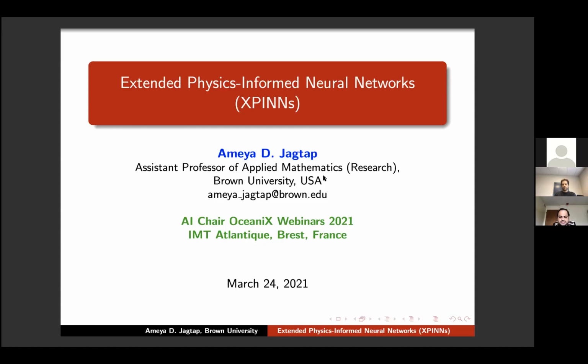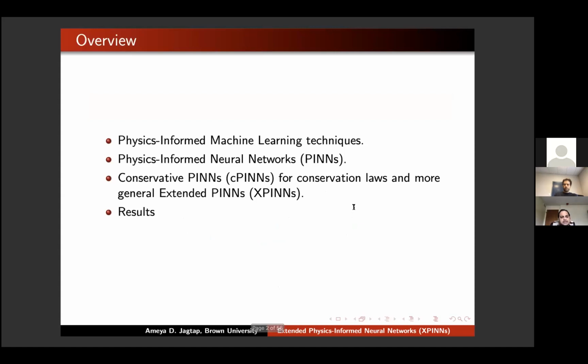So, good afternoon, everyone. Today my topic of presentation is the extended physics-informed neural network, or in short, XPINNs, which is basically a generalized space-time domain decomposition technique. Here is an overview. First, we'll discuss the physics-informed machine learning techniques briefly.